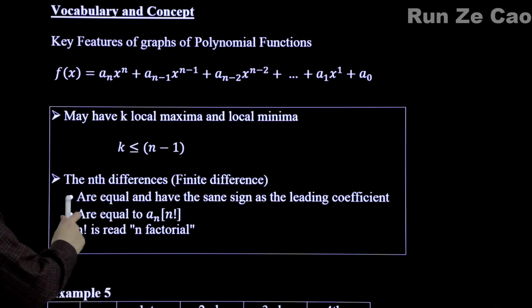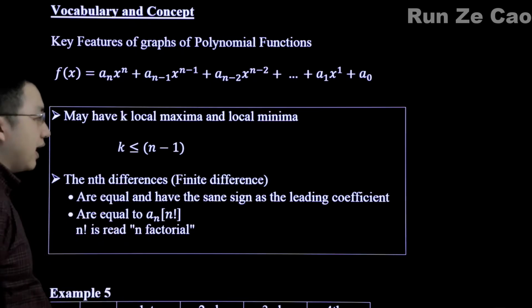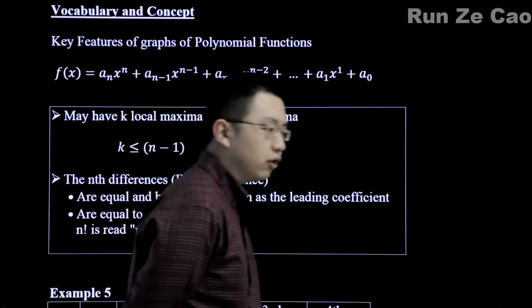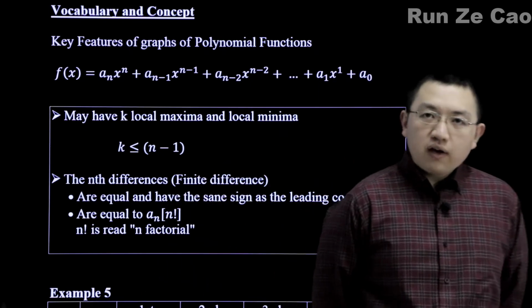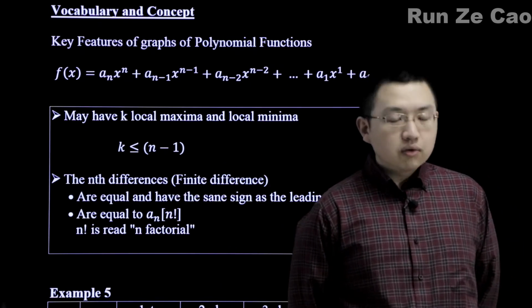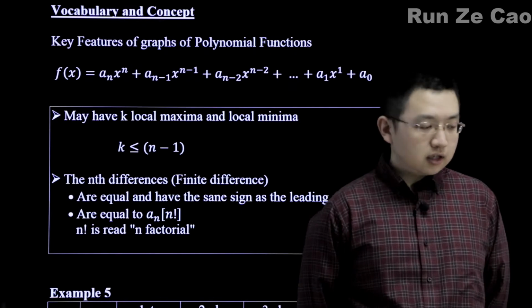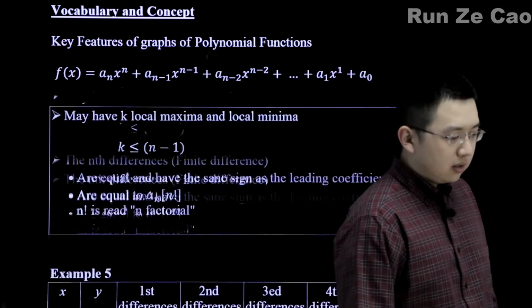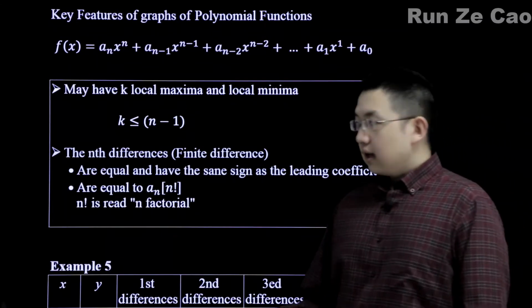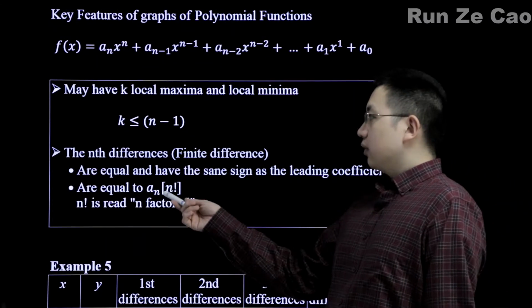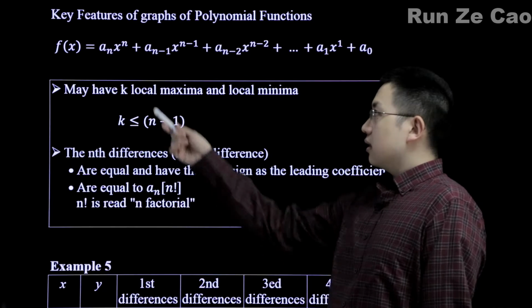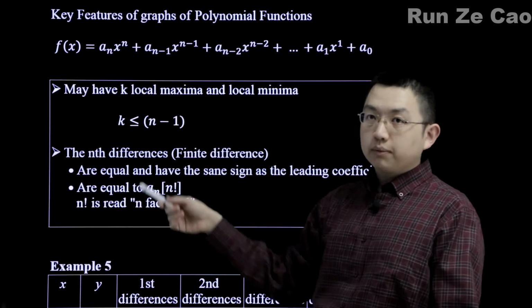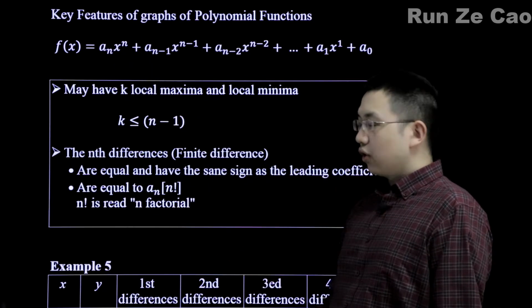The nth difference is going to be equal and have the same sign as the leading coefficient. Now, if you do calculus, this will be particularly familiar in terms of first differences, second differences, and so on.